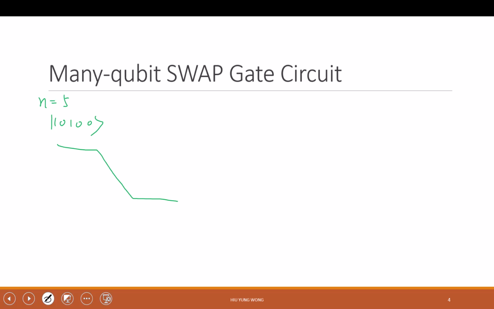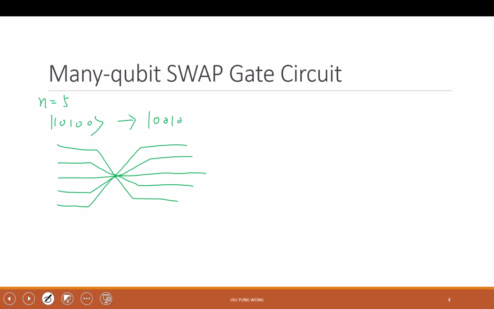And to make it symmetric, I will draw it in this way. So this is the symbol of a 5-qubit swap gate. It's different from IBM Q, but anyway, what is the output? Well, I apply the 5-qubit swap gate to this one. By definition, 0, 0, 1, 0, 1. Right, it's 5 qubits.